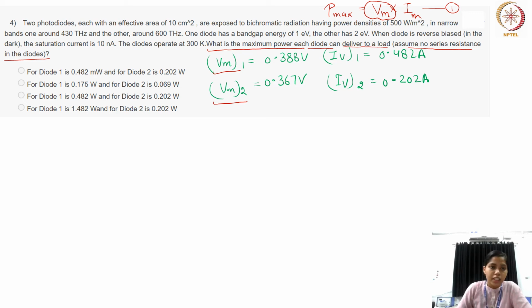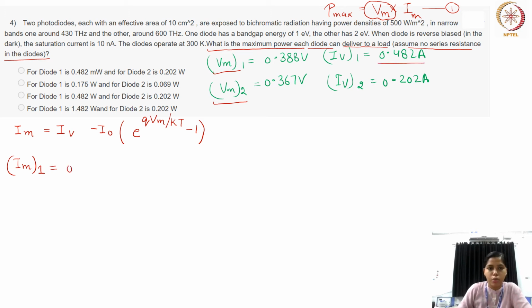So the maximum current, Im, can be given as IV minus I naught times the bracket e raised to the power qV divided by kT minus 1. Let's calculate for the first photodiode, IM1. That is IV1, 0.482 ampere.